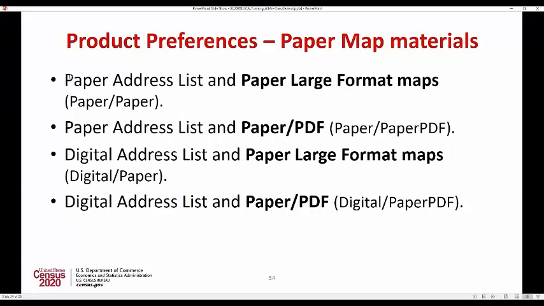So this is kind of where you would decide what you would most want your entity to get with your LUCA. And if you have questions about this and you don't know exactly what you want, give us a call and we'll try to walk you through it.